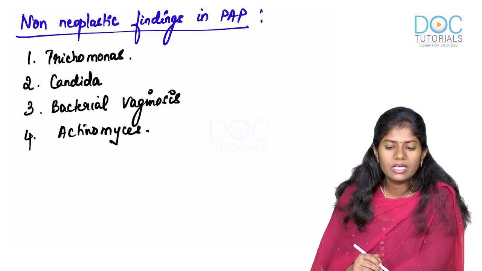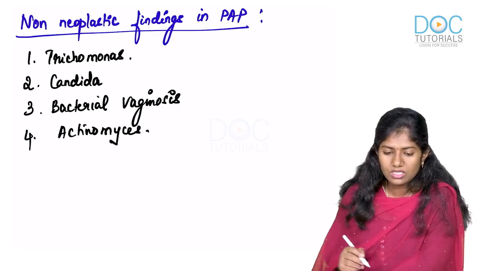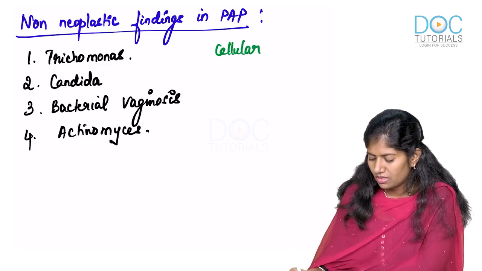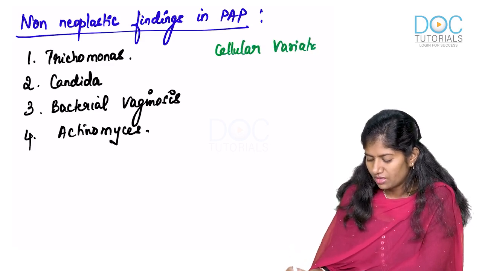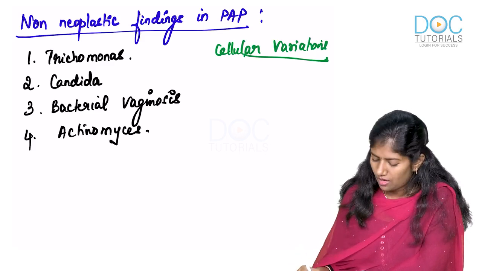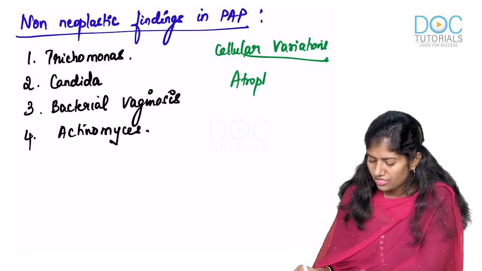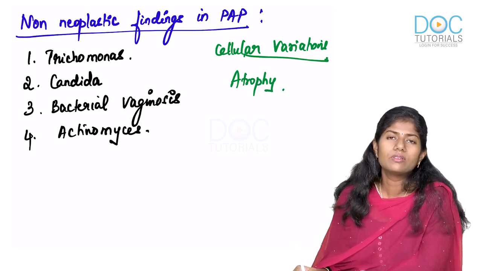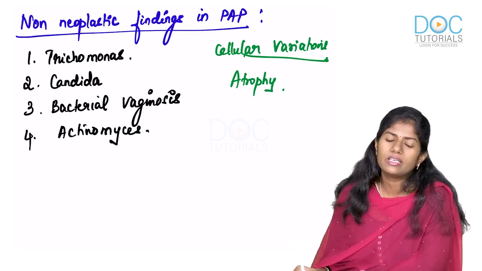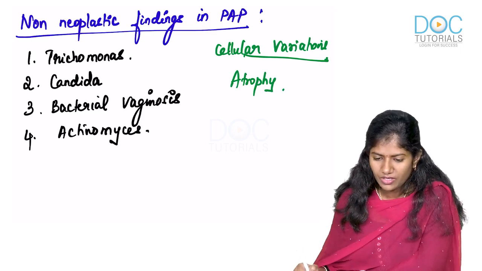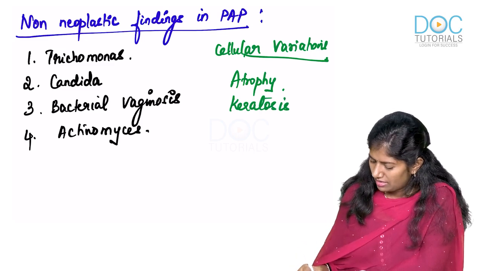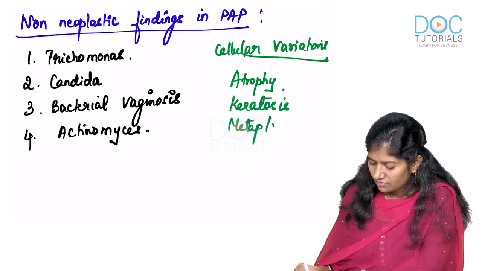Apart from these, it can diagnose cellular variations like atrophy, say in a postmenopausal patient, where there is no adequate sample and the cervical smear is scanty. Yes, Pap smear can diagnose that. Then keratosis, then metaplasia.